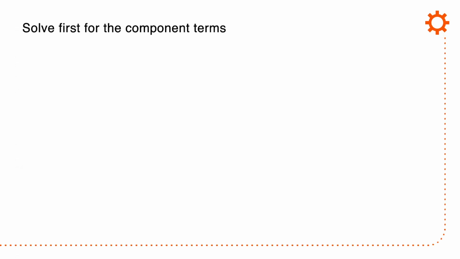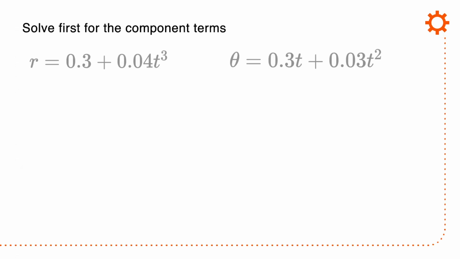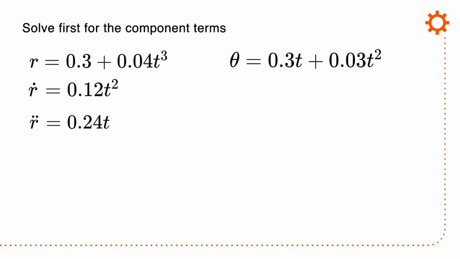First, let's look at how to solve it. I've got two equations, r and theta, and I'm going to take derivatives of them. For the first one, I've got 0.3 plus 0.04t cubed, and I end up with 3 times 0.04, which is 0.12t squared. Take another derivative for r double dot, 0.24t. On the other side, I have theta equals 0.3t plus 0.03t squared.